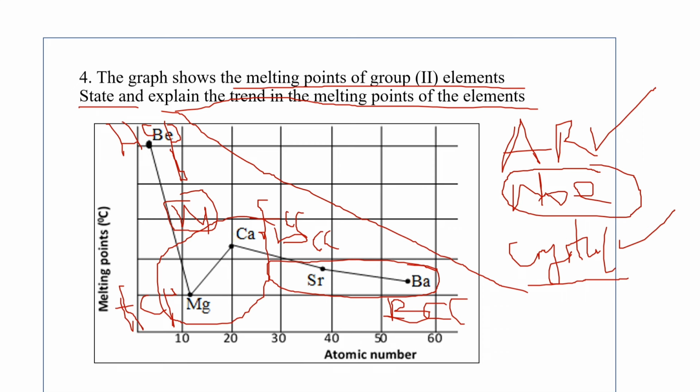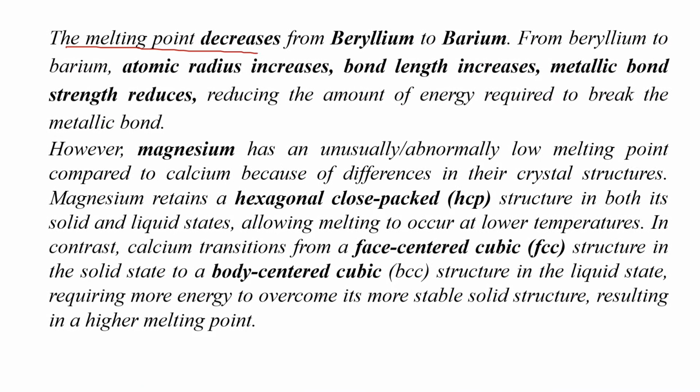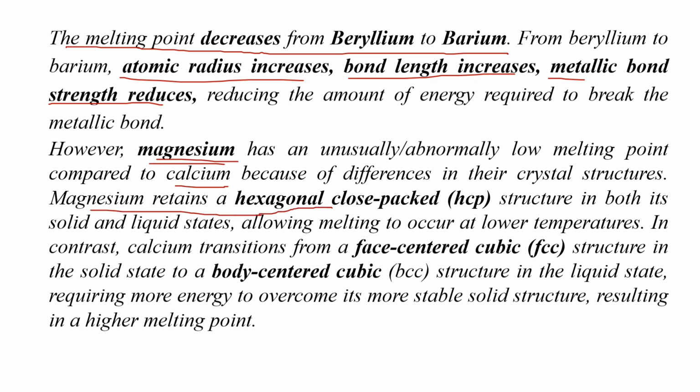So let's look at the answer. The melting point decreases from beryllium to barium. Reason: atomic radius increases, bond length increases, metallic bond strength reduces. Magnesium and calcium have different crystal structures. That's why magnesium has a lower melting point than calcium, because magnesium retains the hexagonal close packed structure in both solid and liquid state.